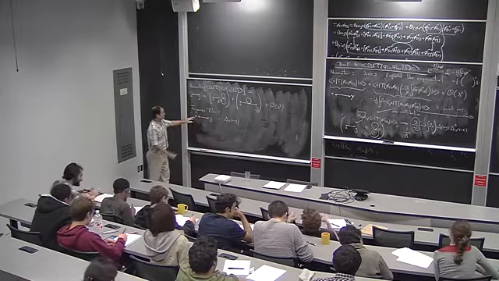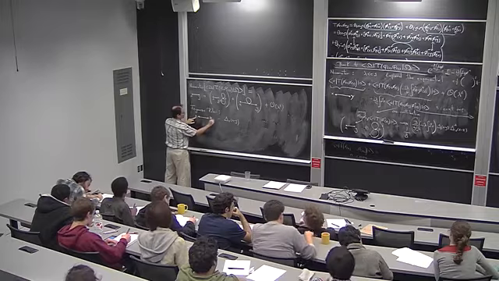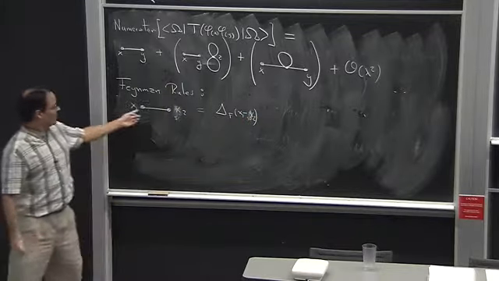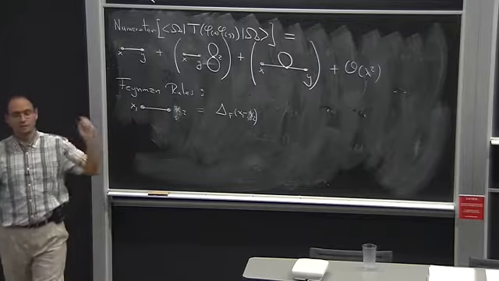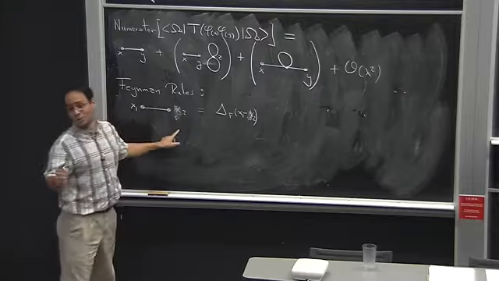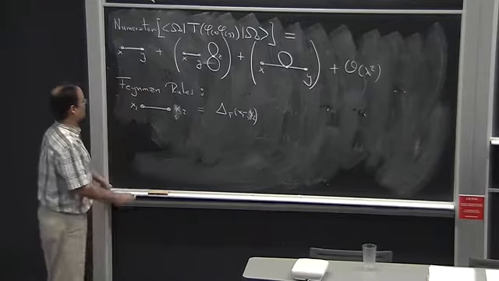No matter what these things are. In fact, we can call it x1 and x2. Just every time you see a line connecting 2 points, they could be the same point, you get a propagator.